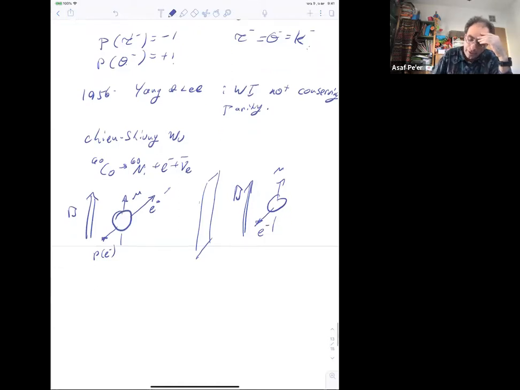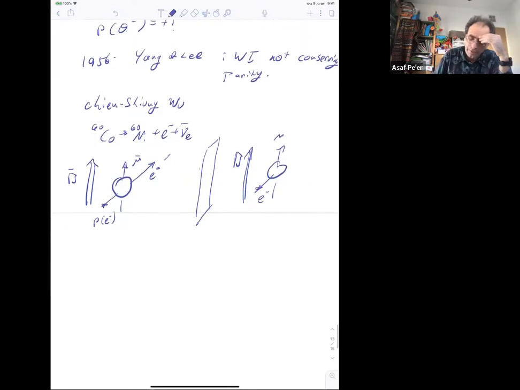Now, B and mu, they are axial vectors, so they do not change under parity. So the only quantity here that can change sign is the momentum of the electrons.